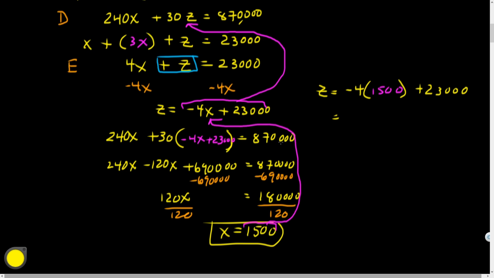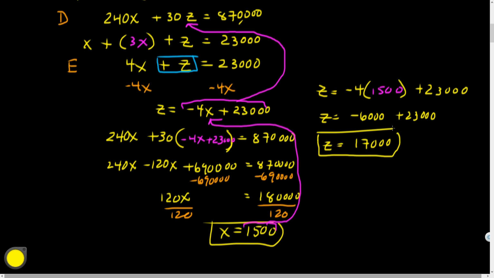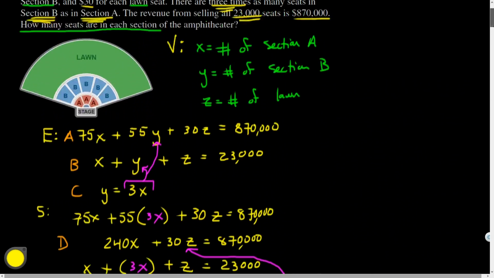Multiply that by -4. I get -6,000 plus 23,000. And so I'm going to get z equals 17,000. Now, I mean, I've already been talking about making mistakes. Yeah, I got that right. So that is the number of lawn seats, right? And I know that if I go back up here, that's what z represented.